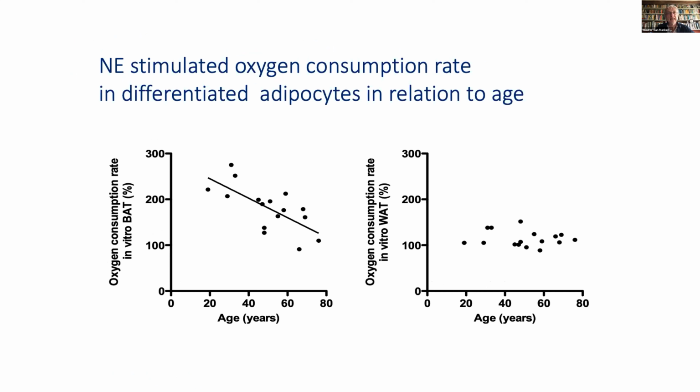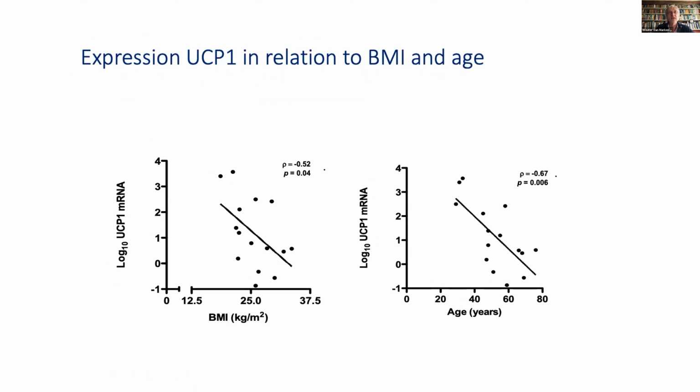There's again a negative relation with oxygen consumption in brown adipocytes with age, and not so in the white adipocytes. So this shows the same trend that we also see on the whole body level. And finally we see that UCP1, the protein itself, is related in the same way to body mass index and age.